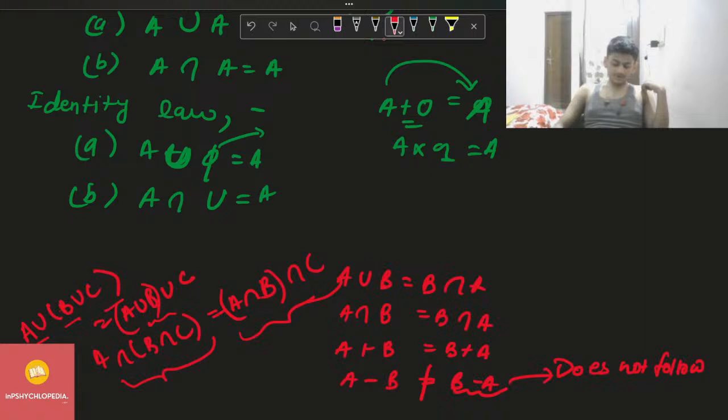And then comes union and intersection together.